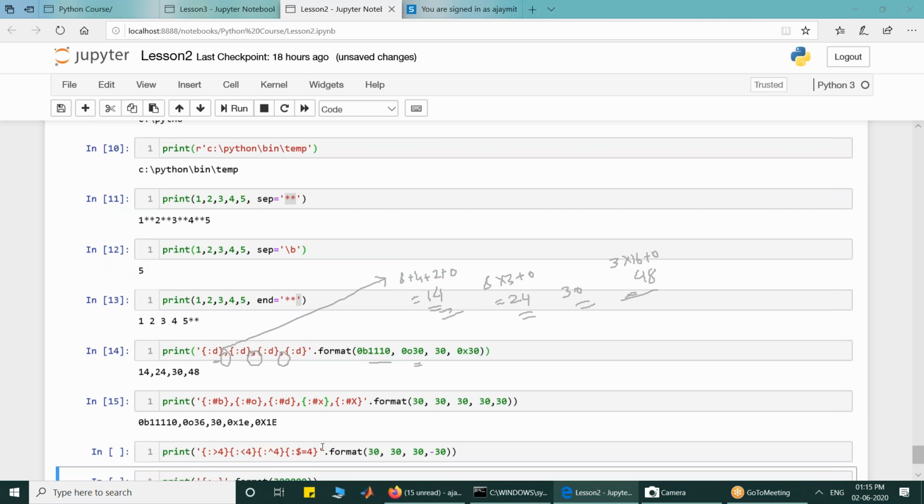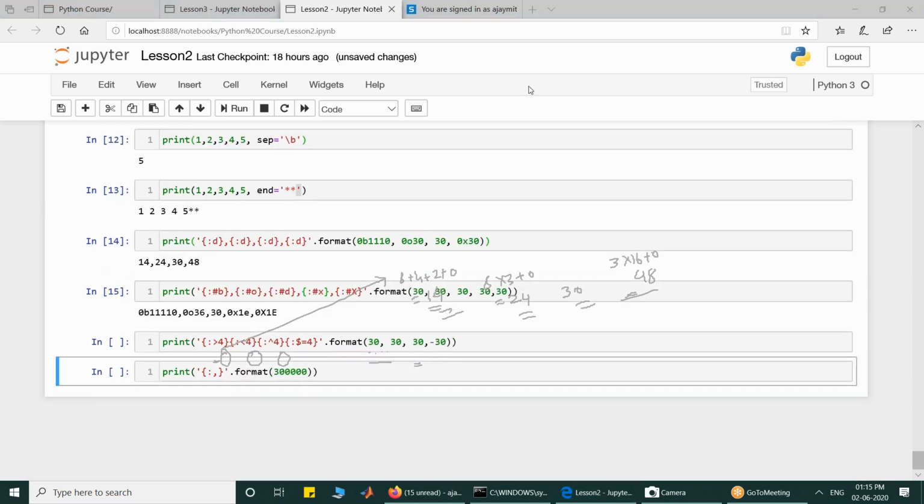What will be the output of this one? Print 4 with greater than sign, less than 4, caret 4, dollar equal to 4. What would be the output of this?